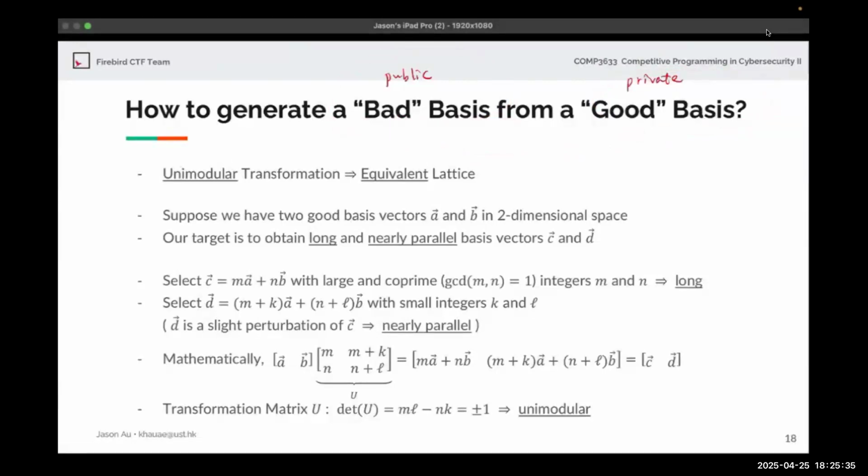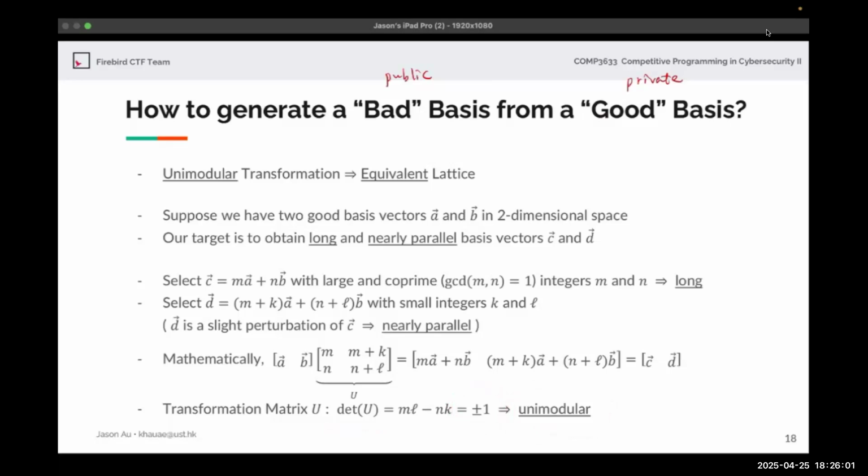So how do we perform this? What we will use today is called a unimodular transformation, which will give us an equivalent lattice. The requirement is that the transformation matrix has a determinant of positive or negative 1. This is called a unimodular transformation.